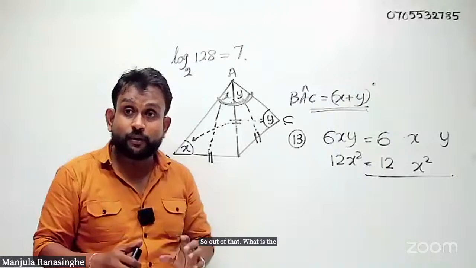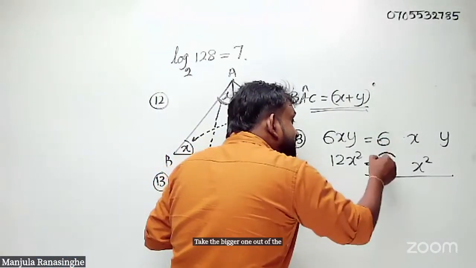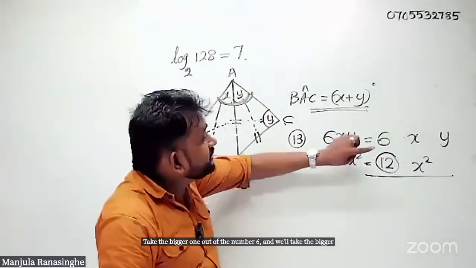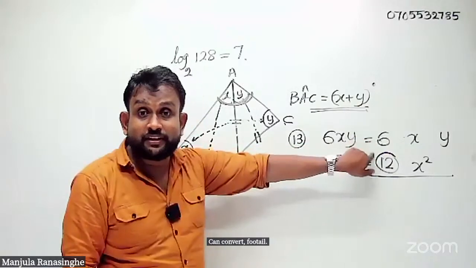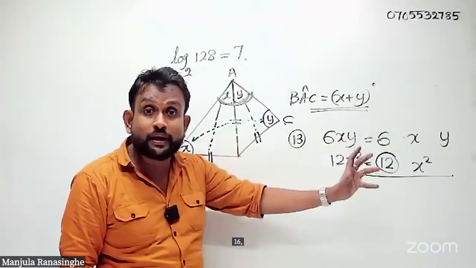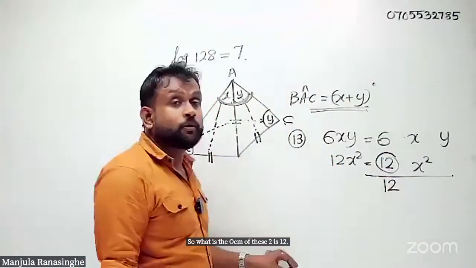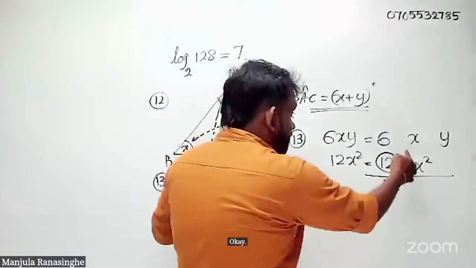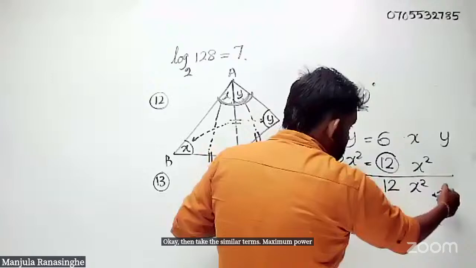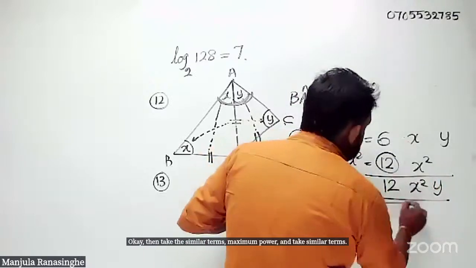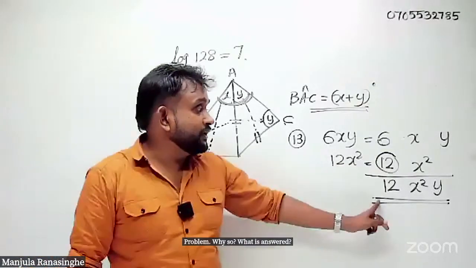Take the bigger one out of the numbers 6 and 12, and check whether the smaller one can convert to 12 with multiplication. 6 into 2 is 12. So the LCM of these is 12. Then take the similar terms' maximum power, x squared, and take similar terms' power y. So what is the answer? 12x squared y. 12x squared y.